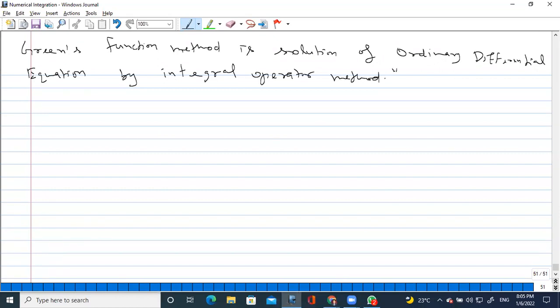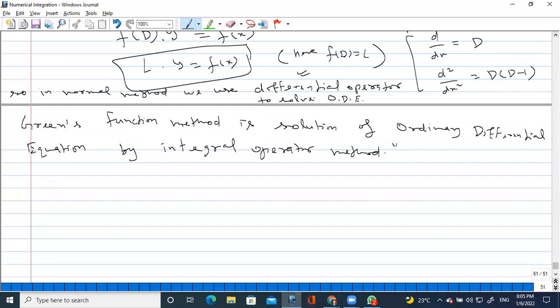So simply, in the normal method we use the differential operator method, but here we use the integral operator method. So this is the difference here. So that is known as Green's function method.